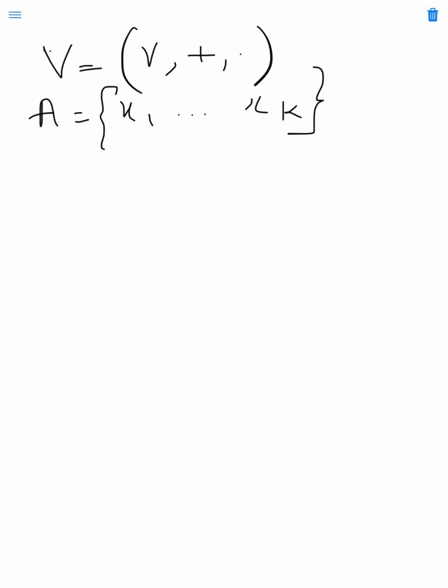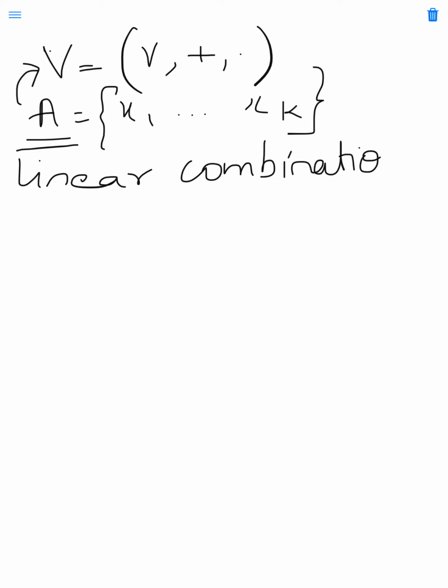So the basis can be defined as follows: considering a vector space V, defined over some set of vectors under the operations addition and multiplication, and a set of vectors named A. A will be a generating set of V if there exists a linear combination for the vectors defined in A, and the set of all those linear combinations formed from the vectors will be called the span.